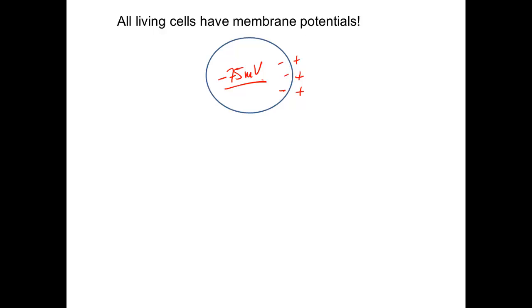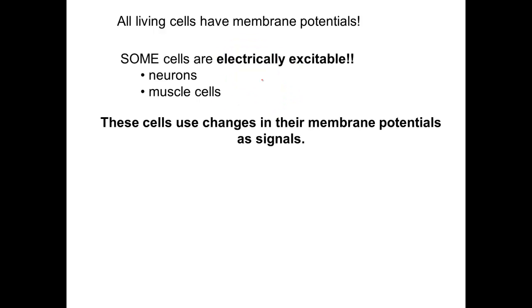Every cell is going to be slightly different. You'll see different values used probably in different books or in different graphs, but somewhere in that range is the typical value that's given. Now, in addition to having a resting membrane potential, which all living cells have, certain types of cells are what we call electrically excitable.